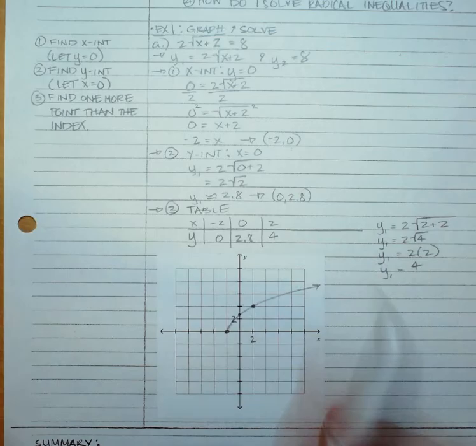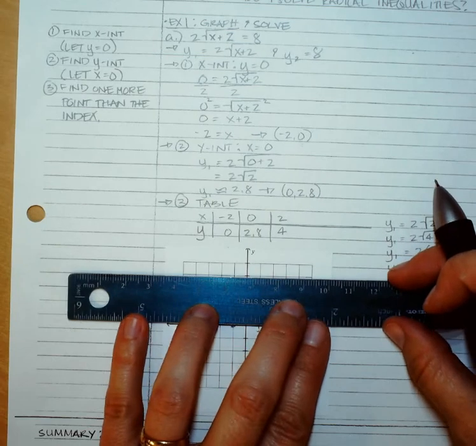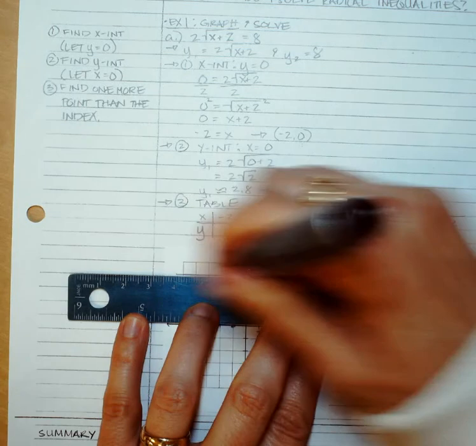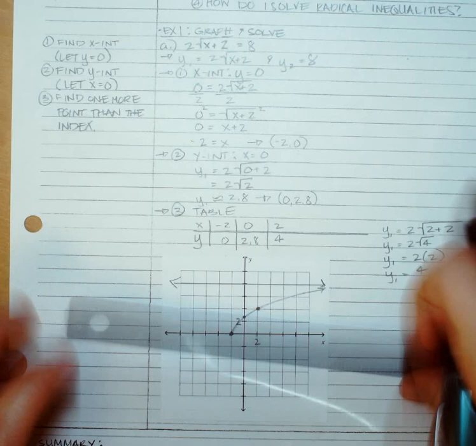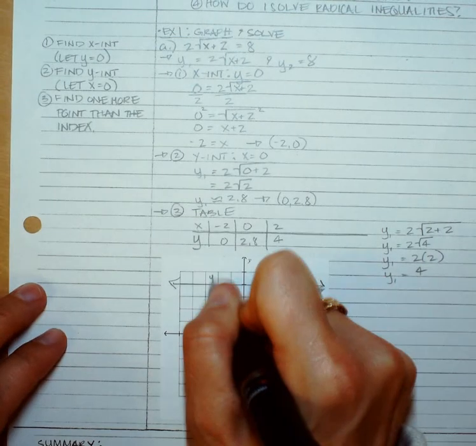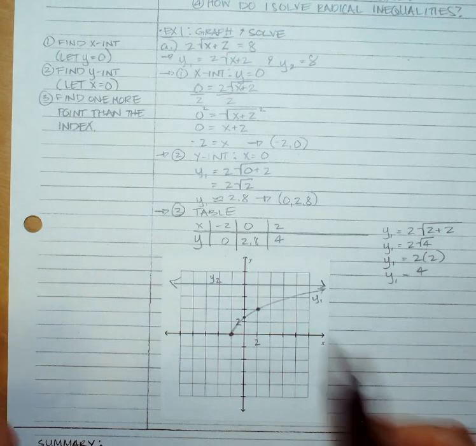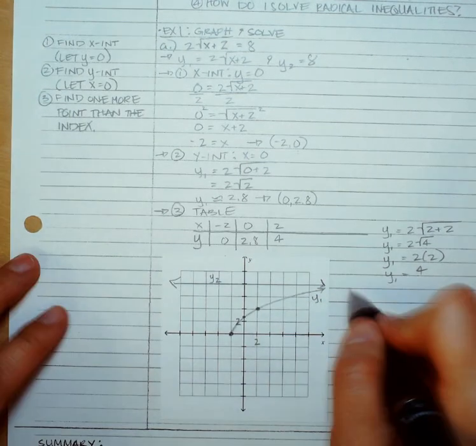That's going to be a line that goes through this point right here. This is curve y1, this is y2. Our graph is a little bit small, so we're not exactly sure where these things meet.